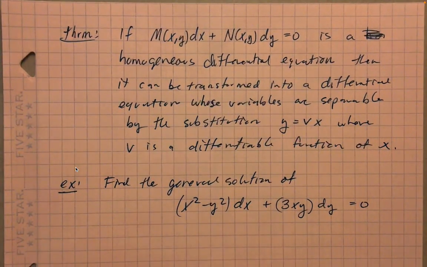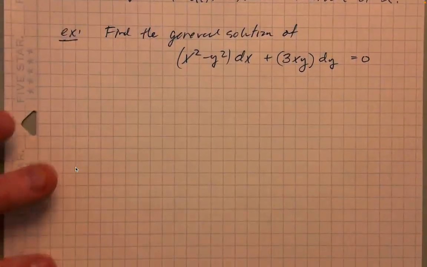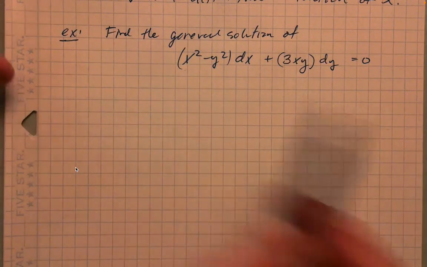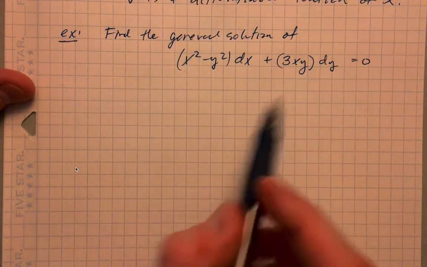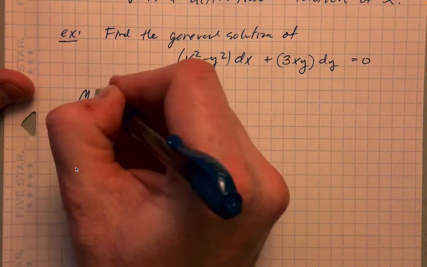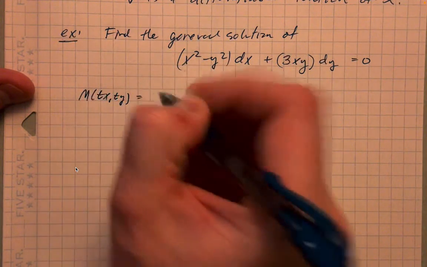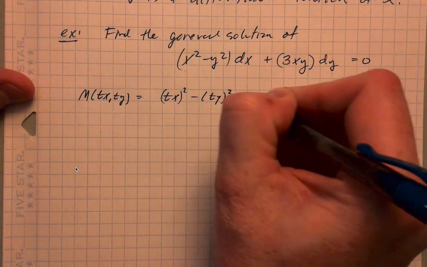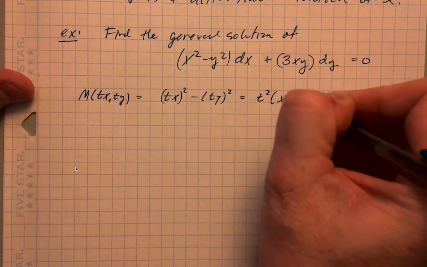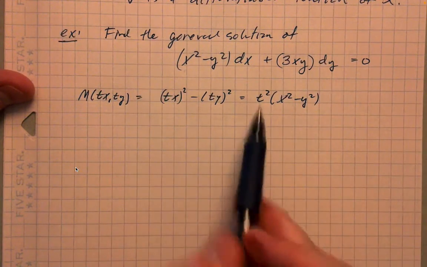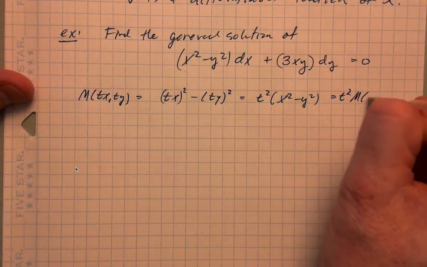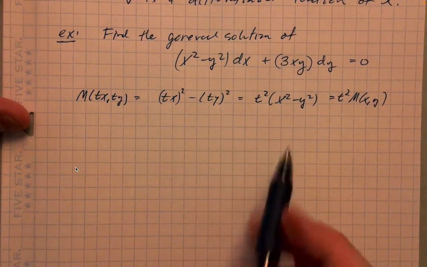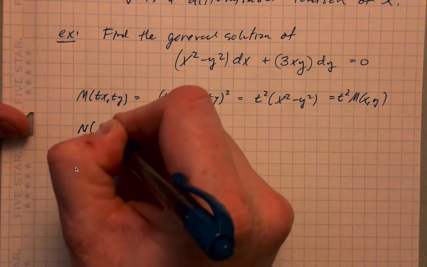Okay, so we'll just say that this is our m of xy and this is our n of xy. We need to confirm that they're both homogeneous and of the same degree. And so let's do that. So m of tx, ty is tx squared minus ty squared, which is t squared times x squared minus y squared, right? And so that's t squared m of xy. Okay, so just plug those in, do the factoring, and let's check the other one.